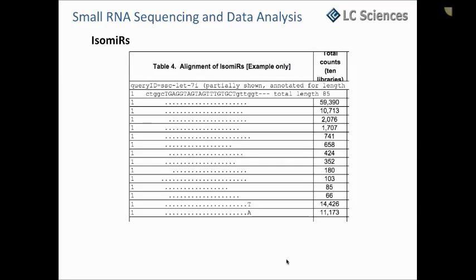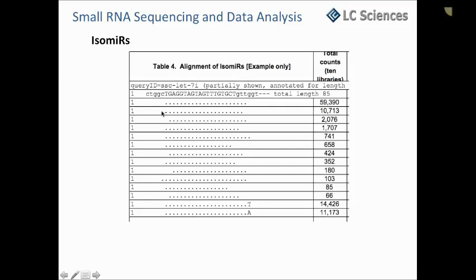And this is just a tiny sample of a table that you get when you have sequencing data. It's just to highlight that there are isoforms for each microRNA. So you see here the total number of reads for this particular microRNA molecule. It's almost 60,000 reads, so clearly the most abundant one.